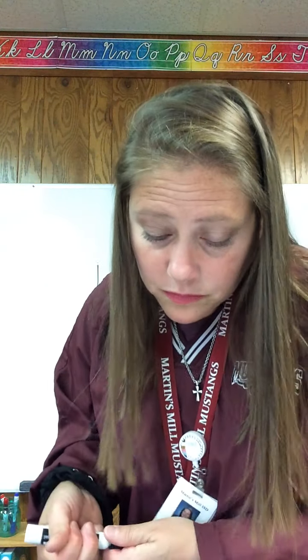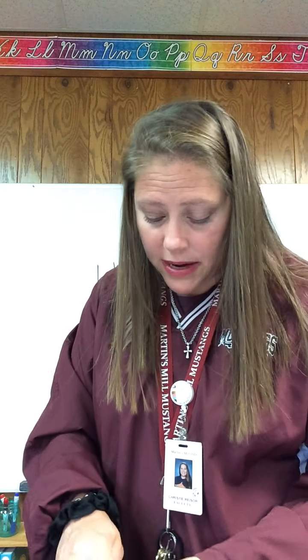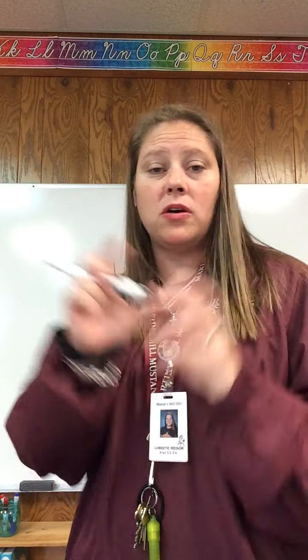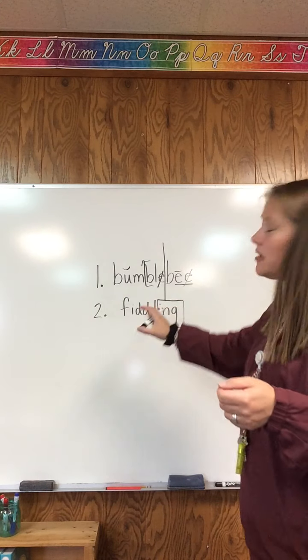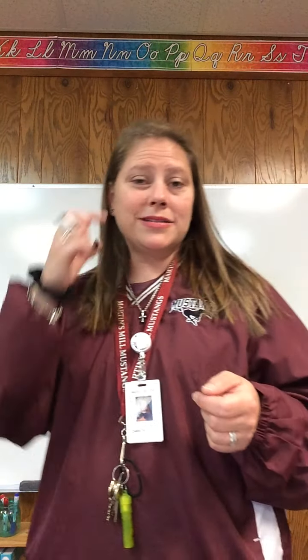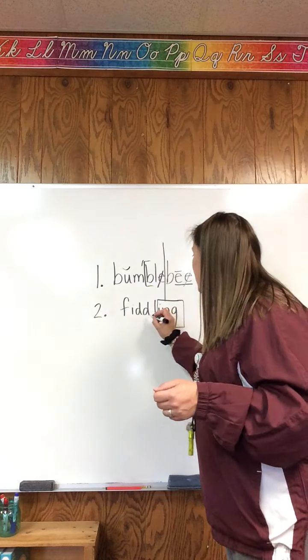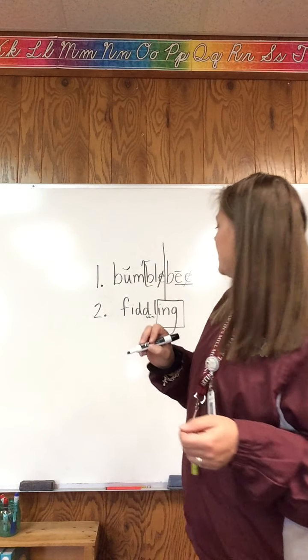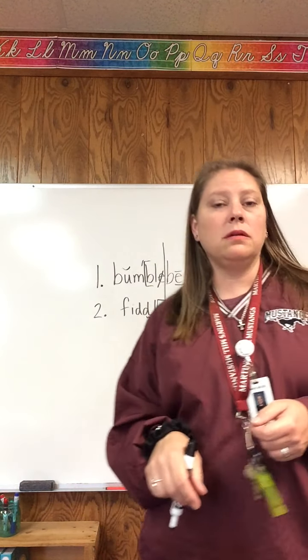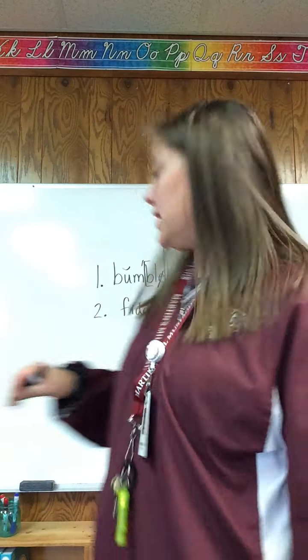At that point, I'm going to look for any other combinations, digraphs, trigraphs, diphthongs, any of those other things we've learned. I don't in particular see any here. You could go with the DL as a blend. But now I'm going to shift into looking for any vowel consonant patterns that I might see.